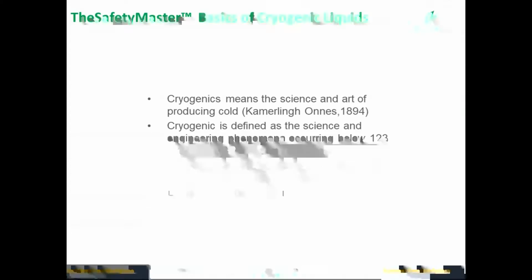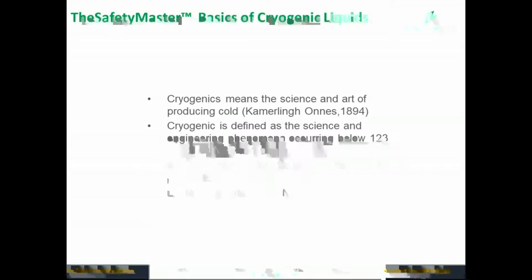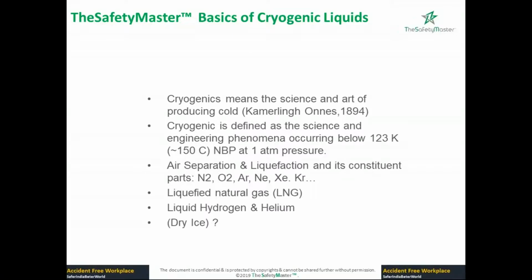You had Dewar, you had Linde, you have many people in the history behind cryogenics. It's quite a topic to be covered, but I'm not going to go into the history of it. I just want to introduce you to the word cryogenic, which is a Greek word, coined by Kamerlingh Onnes in 1894.